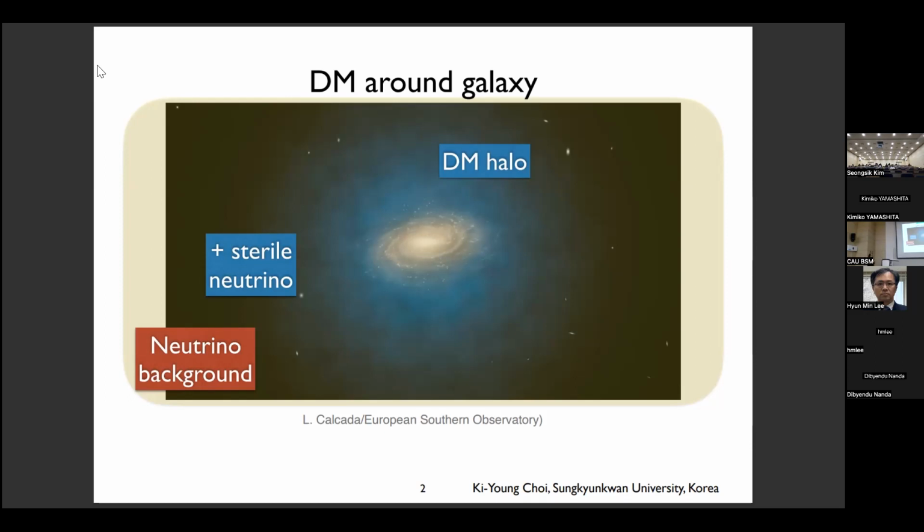And another one, which is beyond the standard model, is the sterile neutrino. Sterile neutrino is similar to neutrino, but in the standard model there are 3 kinds of neutrino, and this is extra.